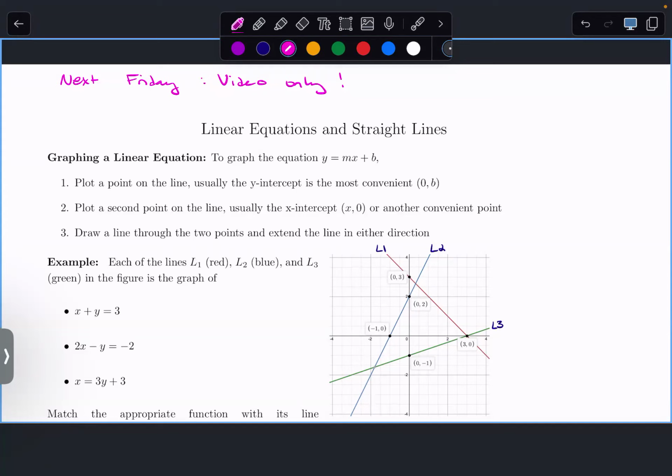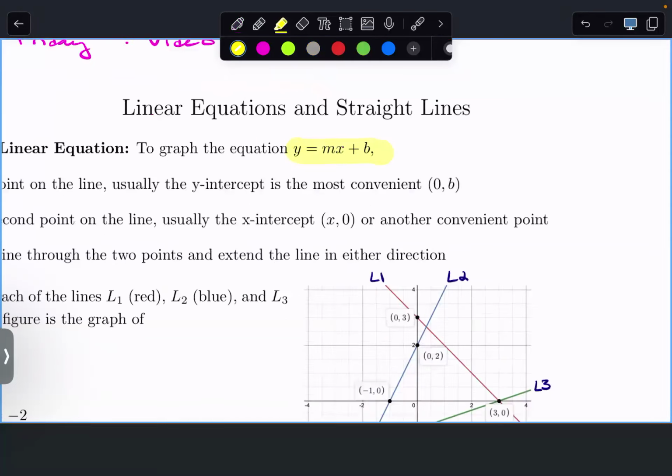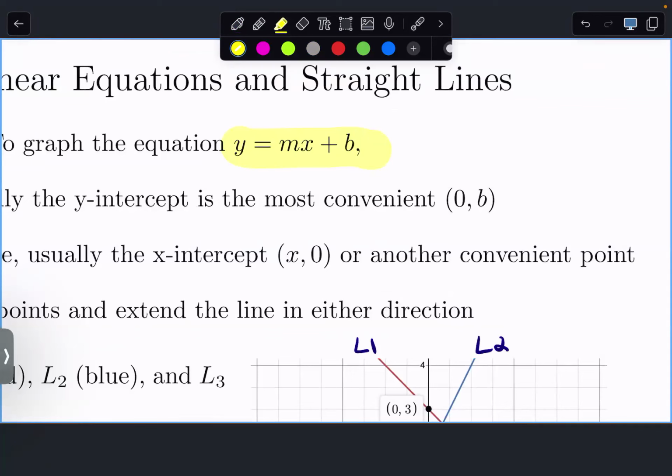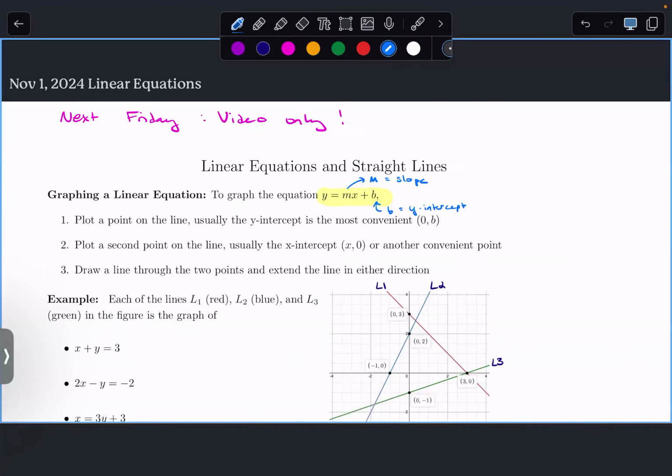Linear equations. Linear just means a straight line. Linear equations have the form y equals mx plus b, which might ring a bell, right? Where we know that m is the slope and b is the y-intercept. Usually we just call it the intercept because we rarely care about the x-intercept, but it's technically the y-intercept.